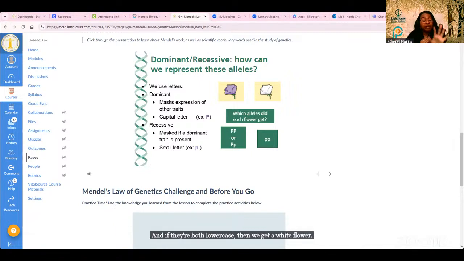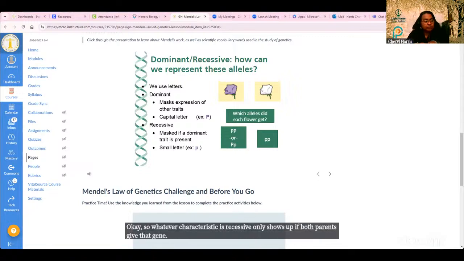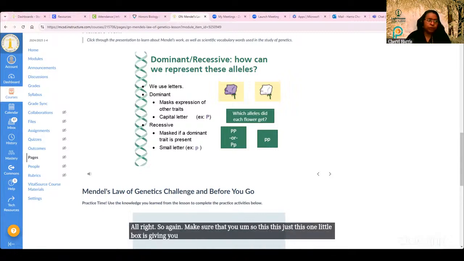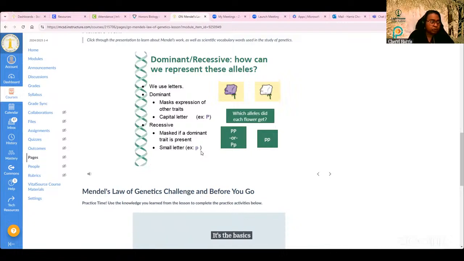So whatever characteristic is recessive only shows up if both parents give that gene. All right, so this one little box is giving you a wealth of vocabulary, and we're going to take each of these separately, but just know that in this one little presentation alone, it's the basics of a lot of what we're about to do.